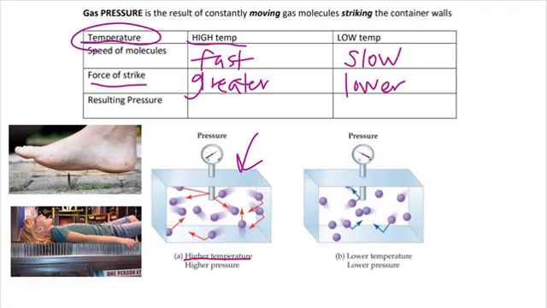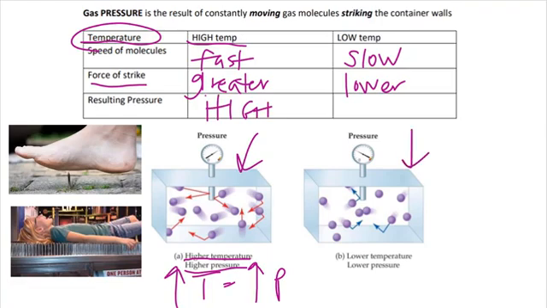And so the resulting pressure, if you look down here, high temperature is equal to a high pressure. So the resulting pressure is high. And similar to over here, if we look down at this one, low pressure is directly proportional to having a lower temperature.